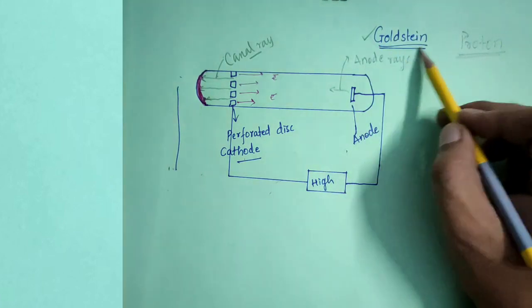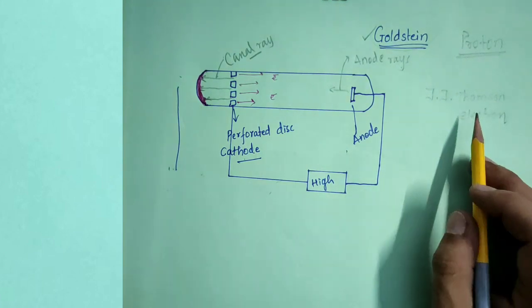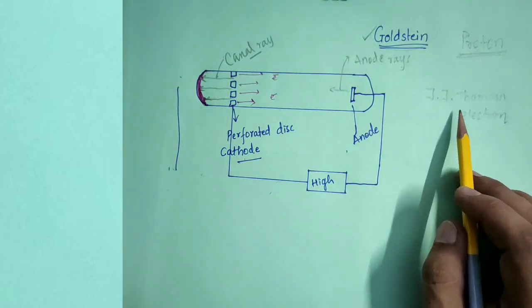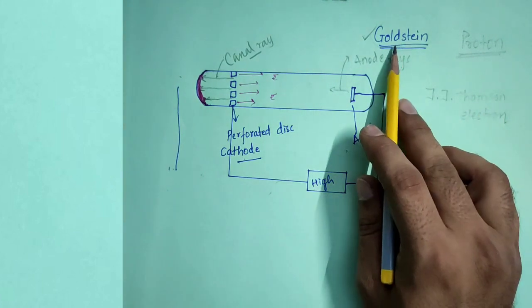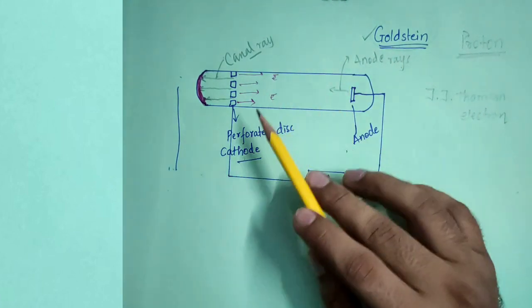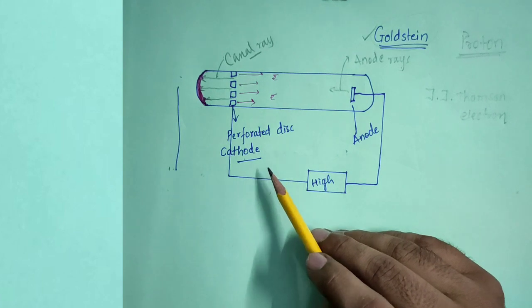After Sir J.J. Thomson discovered the electron, Goldstein did an experiment with the modified cathode ray tube.